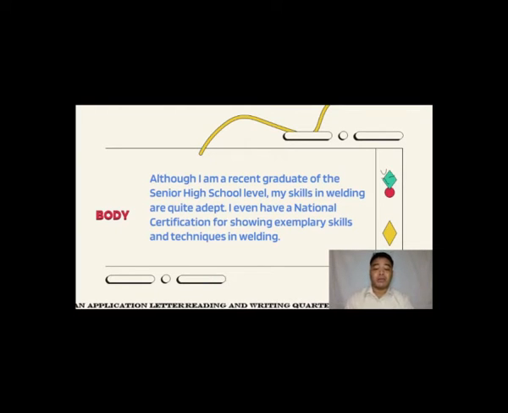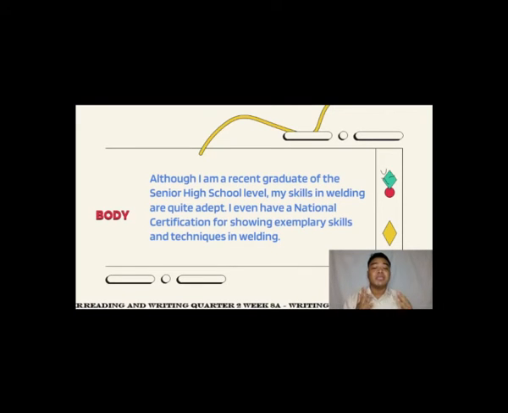So on this part, on the second paragraph of the body, notice that he highlights that he has a national certification and that his skills in welding are quite adept, even though he is a recent graduate of the senior high school level. Because you are still in the introductory or the entry level of the job application, why would you put an experience on your body if in the very first place you are a new graduate?